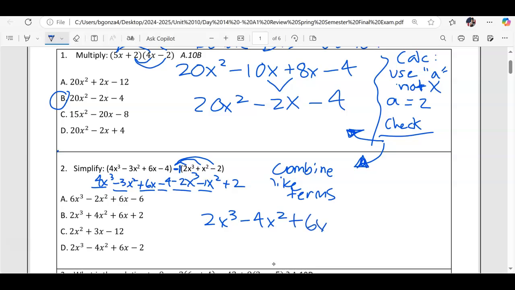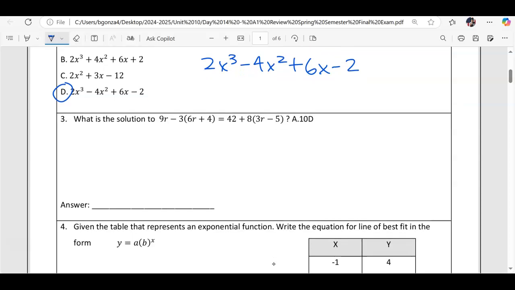And then we got negative 4 plus 2 is negative 2. All right, so my best answer, the one that matches, is letter D. But again, if I had typed in the original with A, set A equal to 2, and then put in my answer choices, I would have gotten D as well.